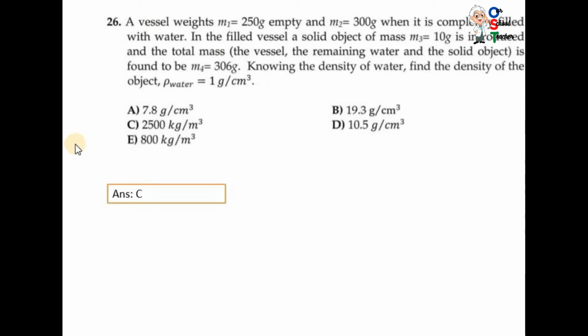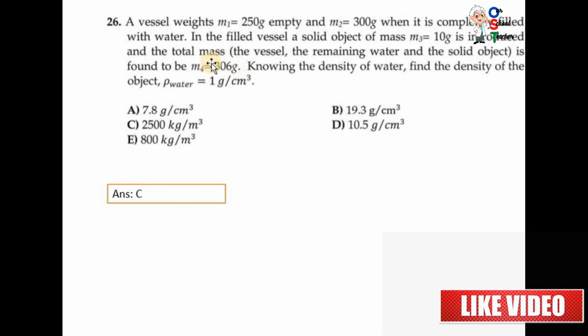Now question number 26. The vessel weighs M1 250 g, M2 200 g, and 300 when it is completely filled with water. In the filled vessel is a solid object of mass M3 10 g. Introduce it and find the total mass of the vessel with the remaining water. Actually, there is another force involved, that is known as upthrust.